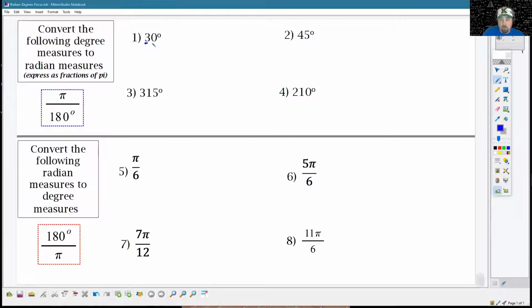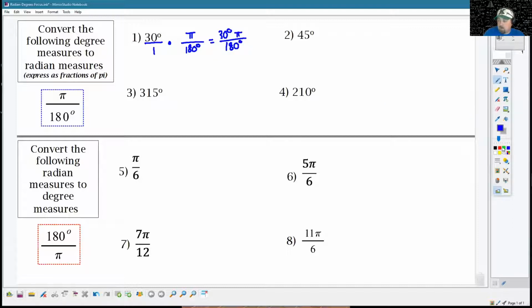So first thing, we're going to make that 30 degrees a fraction, and we're going to multiply by this fraction. Now we know pi needs to go on the top for this one, because we want fractions of pi when we get radians. So what we end up with is 30 degrees times pi over 180 degrees.